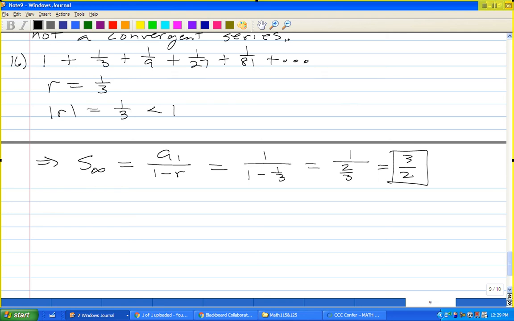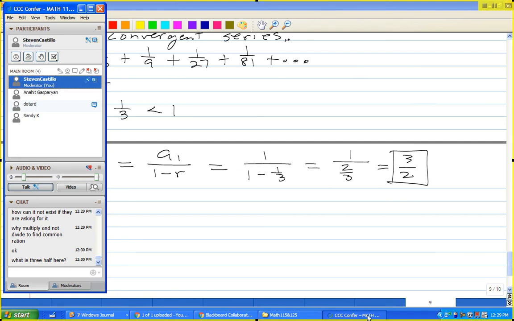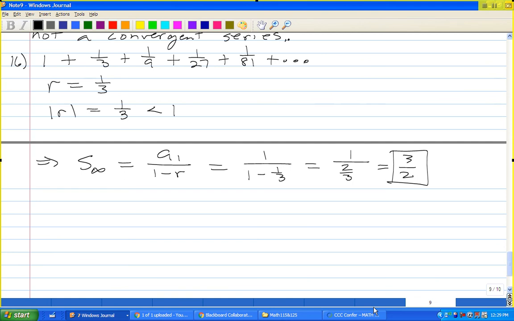And so notice that you always multiply by 1/3 to get to the next term. 1 times a third is 1/3 times a third is 1/9 times a third is 1/27 times a third is 1 over 81. So if you add up all these numbers, you get the exact value 1 1/2, which is 3/2. It's the sum of all these terms added up.